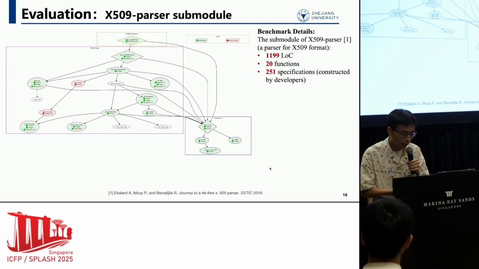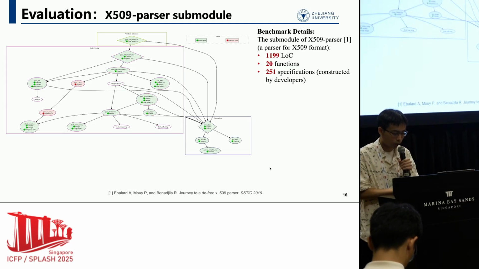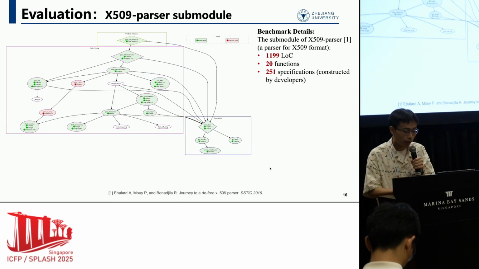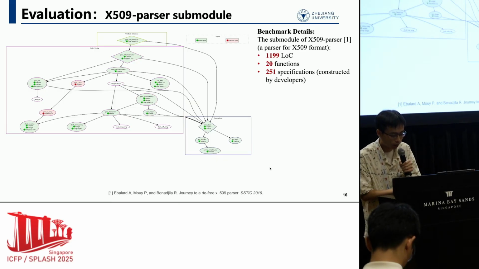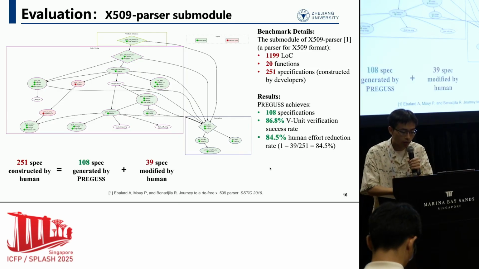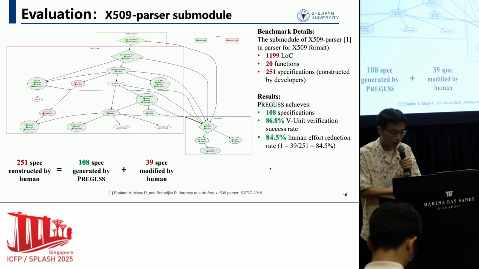And we evaluate Preguss on a module of a real-world X509 parser with over 1,000 lines of code and 20 functions. To verify it is free of RTE, the developers construct 251 specifications. And Preguss automatically generates 108 specs and verifies most assertions.